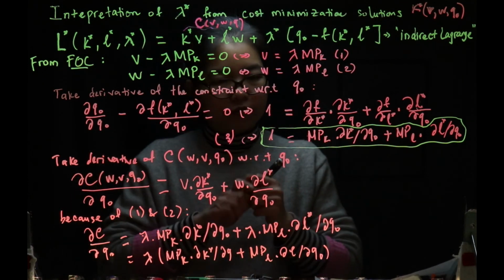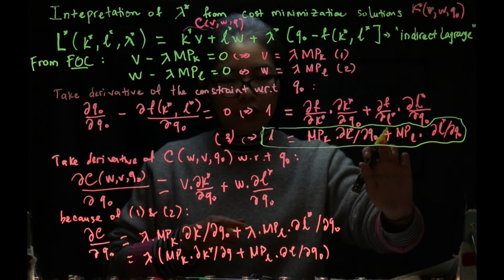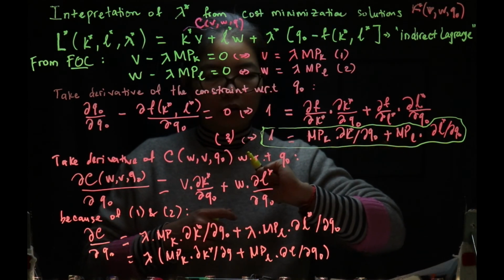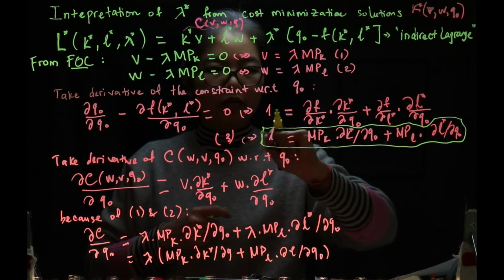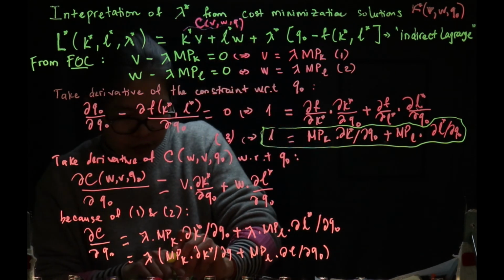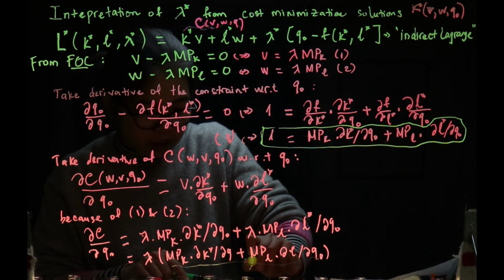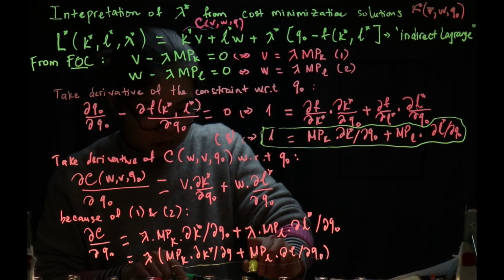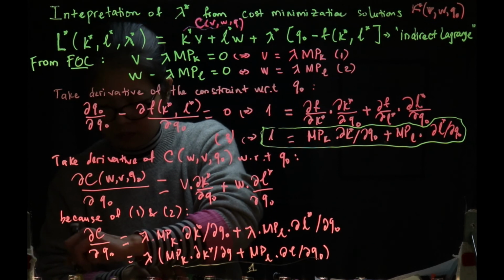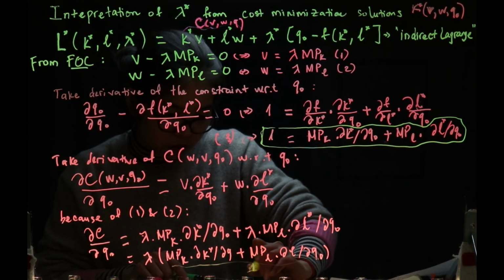Because of the result from the derivative of the constraint, this whole term in the brackets equals 1.